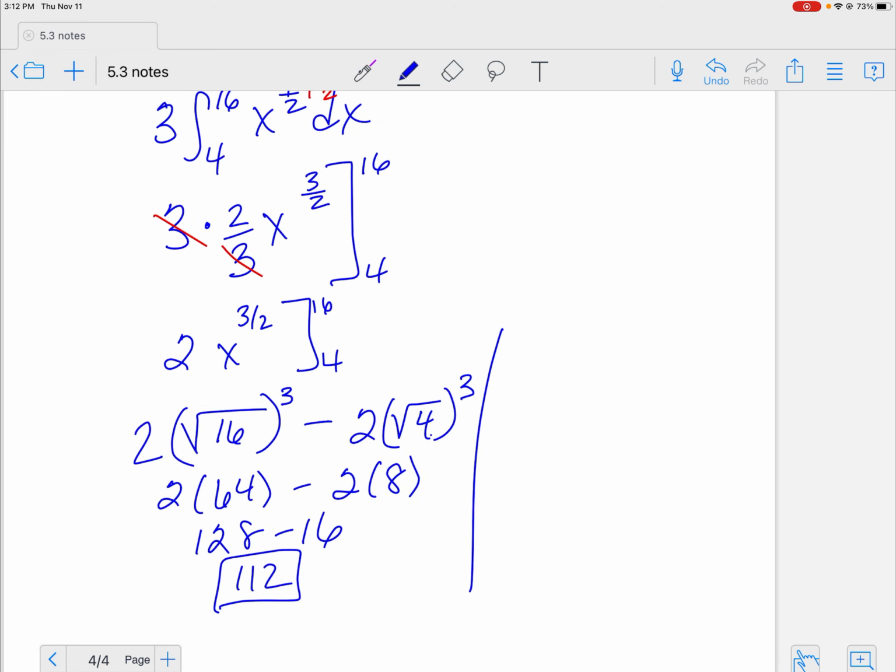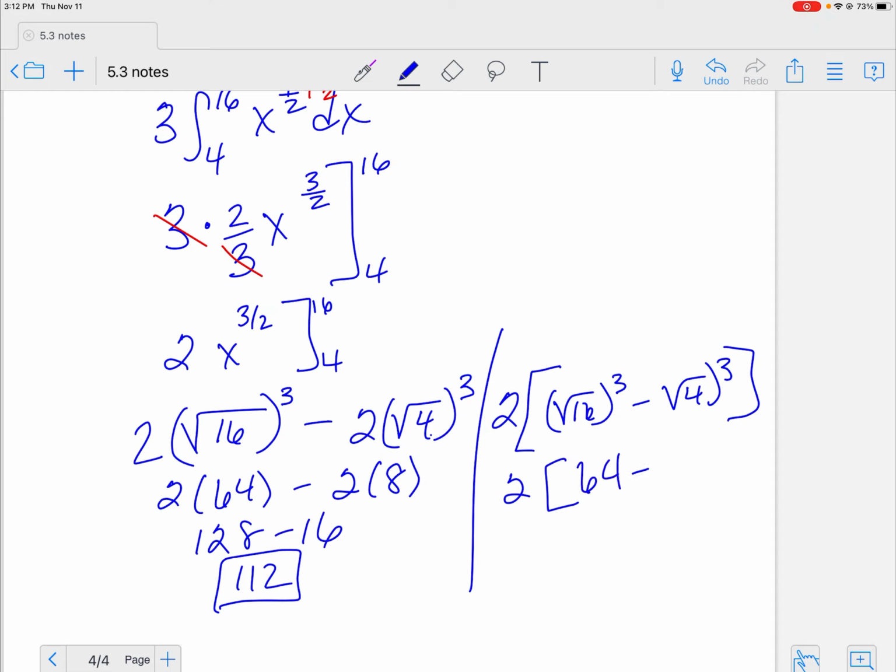I want to point something else out to you. You could also keep that 2 all the way out and just do the fundamental theorem of calculus with your variables. So I would have the square root of 16 cubed minus the square root of 4 cubed. And it would be 2, and then that's 4 cubed, we know to be 64, minus, I forgot my parentheses there, didn't I?